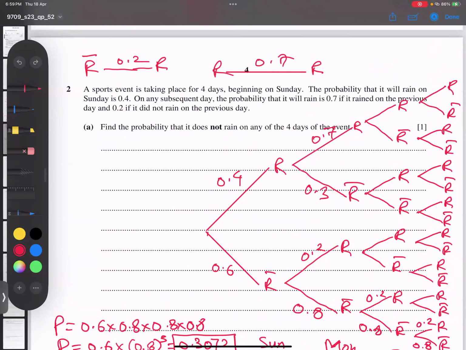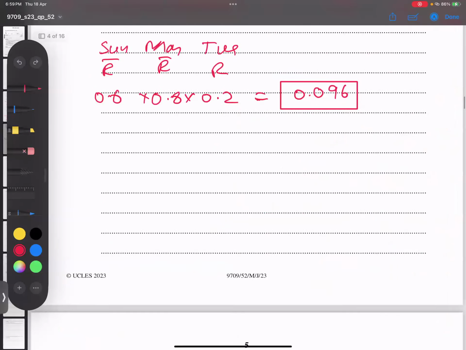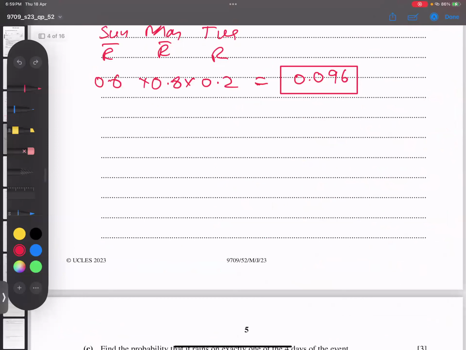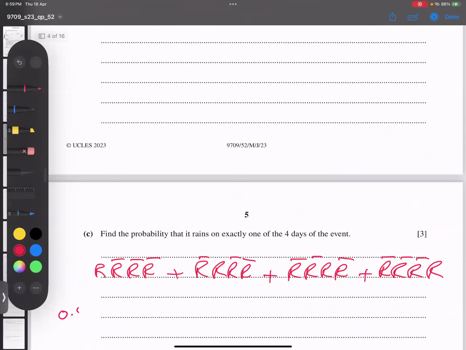So I will write 0.2 here, and here 0.8. Same here, 0.8 and here 0.2. So this branch I'm looking for: 0.4 into 0.3 into 0.8, and 0.8 comes two times.